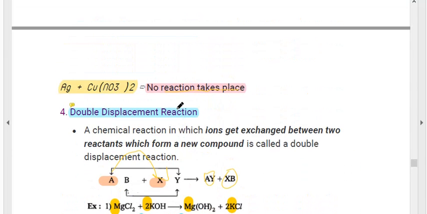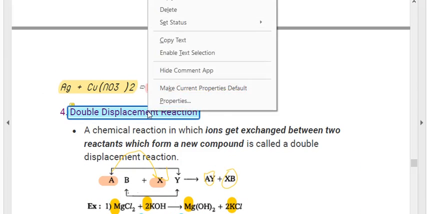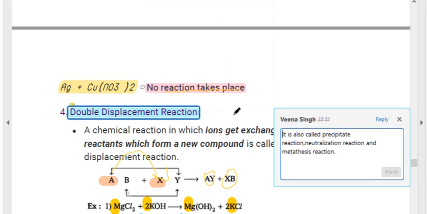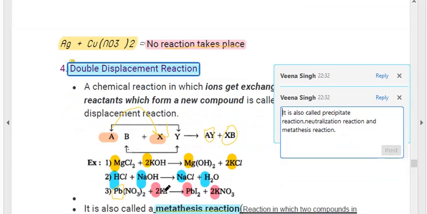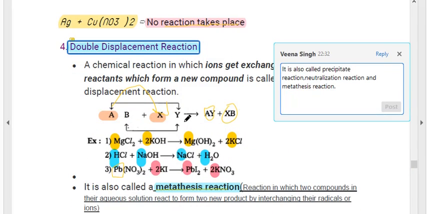This double displacement reaction is also called precipitate reaction, neutralization reaction and metathesis reaction. Metathesis reaction means what? There will be two reactants and two products. This is called metathesis reaction.